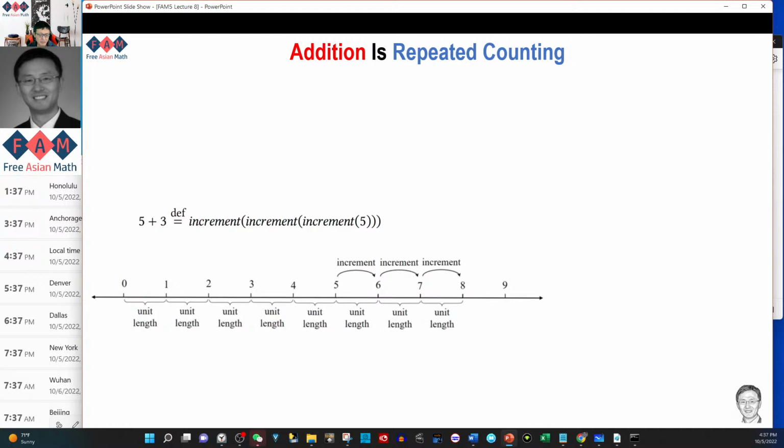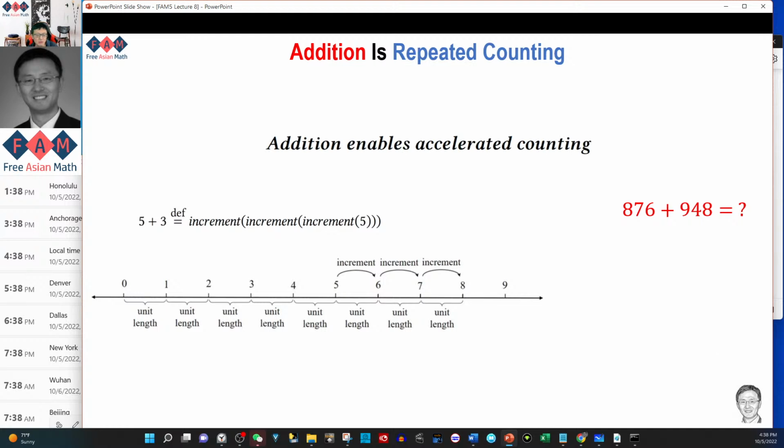On the number line, you can clearly see that we start at 5, increment once, twice, 3 times, and we arrive at 8. We also talked about how, if we really want to add big numbers, we cannot count that many times, right? So what do we do? Well, we can use a clever method called vertical addition.